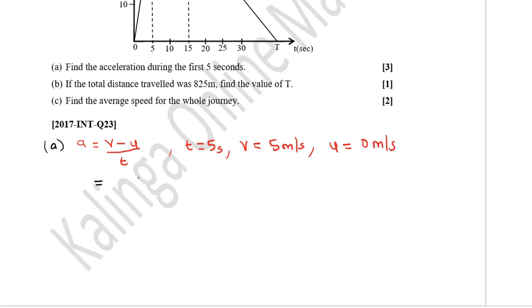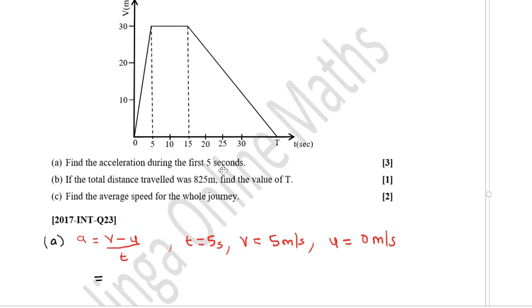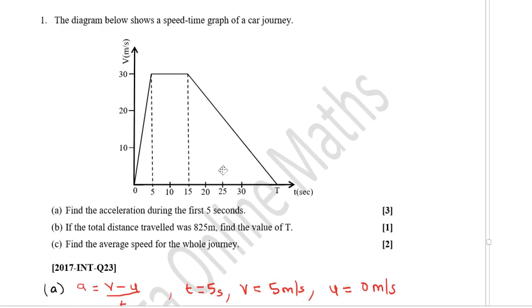I said my final velocity is actually 30, not 5. There's an error there, so let me just correct it. My final velocity is 30 meter per second.